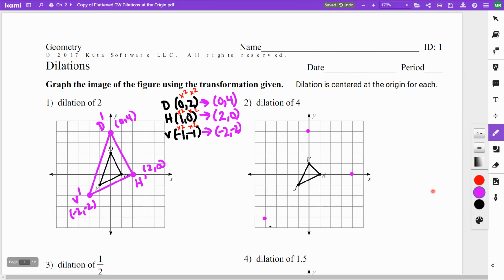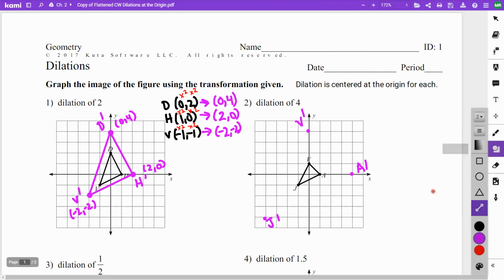And this is going to be my V. Let me make that a little smaller. This is going to be my V prime, my A prime, and my J prime. And then I can connect them, and there's my graph. Again, I could have also multiplied the coordinates by 4.